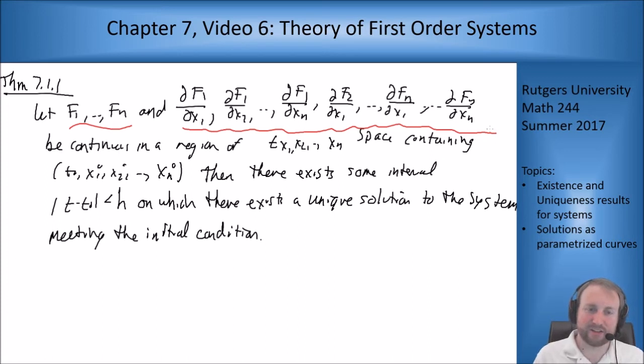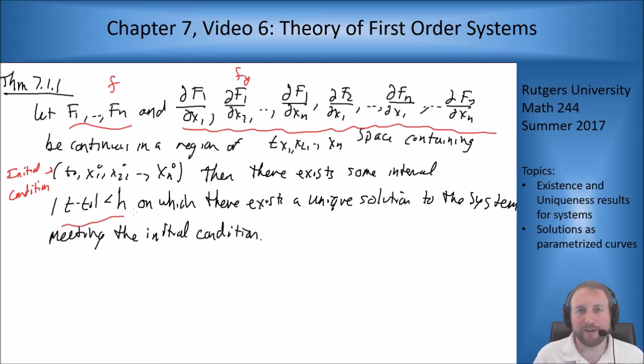If all of those are continuous, this is the same statement as if f and f sub y are continuous in a region of space for our first order nonlinear equations containing some initial condition. So this here is our initial condition point. Then there exists some interval, |t minus t naught| less than h, where there exists a unique solution.